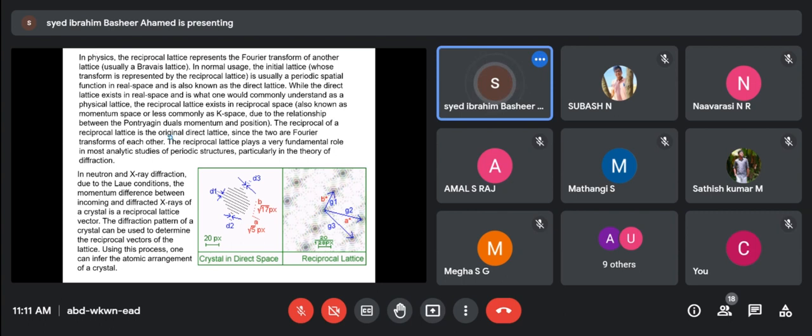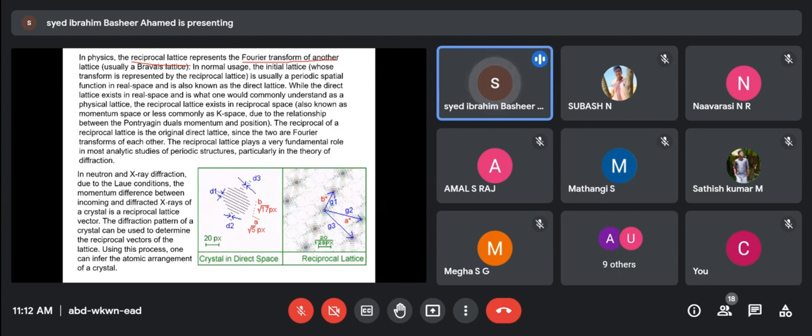So in physics, the reciprocal lattice represents the Fourier transform of another lattice. The reciprocal lattice is a Fourier transformation of the Bravais lattice or direct lattice. Here you can see the crystal will be in direct space, so you will have lattice points just like this.